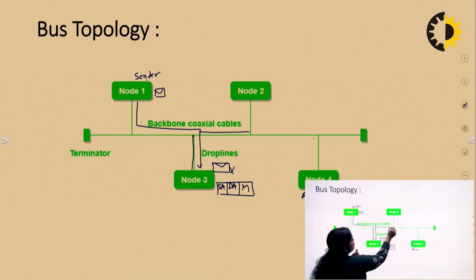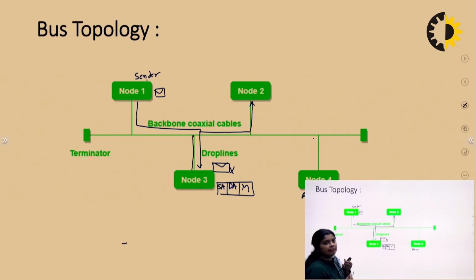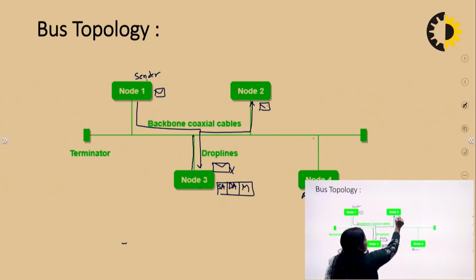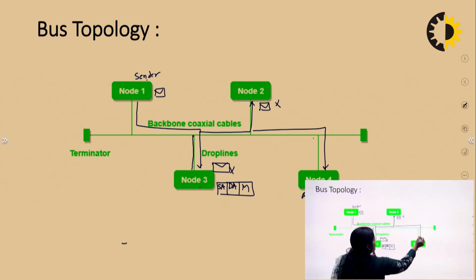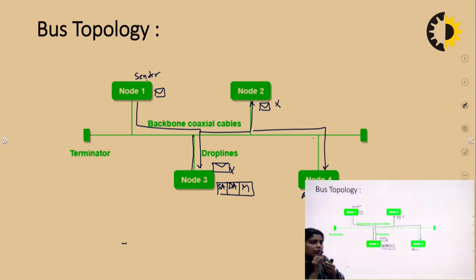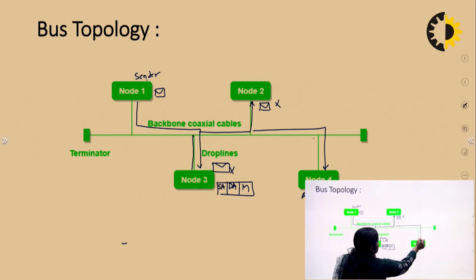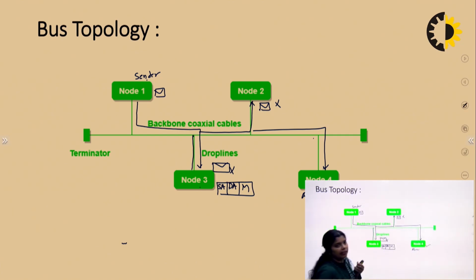Again this packet flows on, there is again a mismatch, so this packet is discarded. Now this packet flows here. You can see this packet goes node by node, to each and every node, with the help of the backbone line. In the end, this packet goes out here and is accepted because the destination matches.